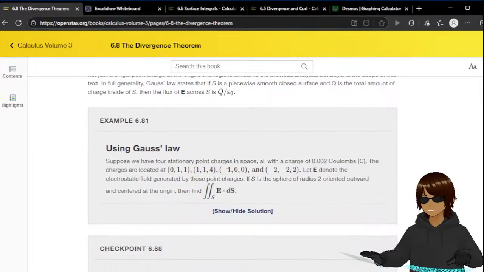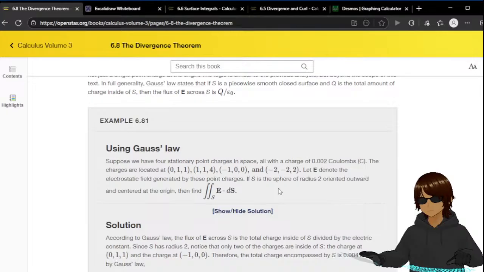Suppose we have four stationary point charges in space, all with charge 0.002 coulombs. The charges are located at (0, 1, 1), (1, 1, 4), (-1, 0, 0), and (-2, -2, 2). Let E denote the electrostatic field generated by these point charges. If S is the sphere of radius 2 oriented outward and centered at the origin, then find the integral of E dot dS.